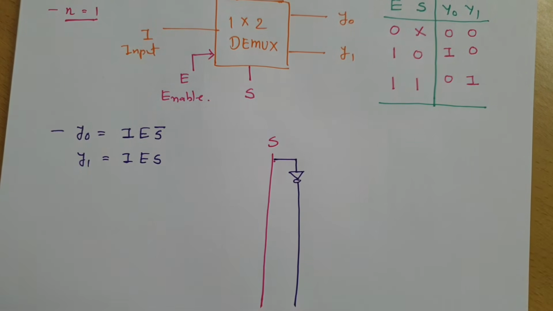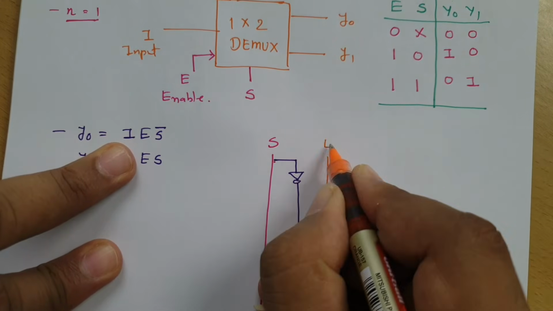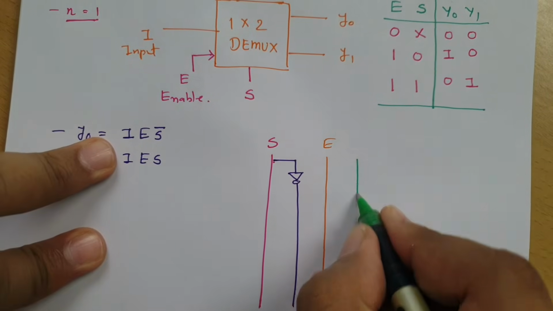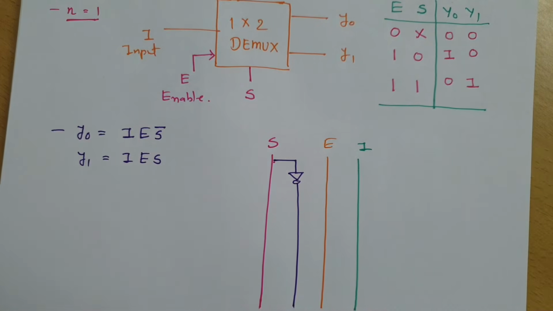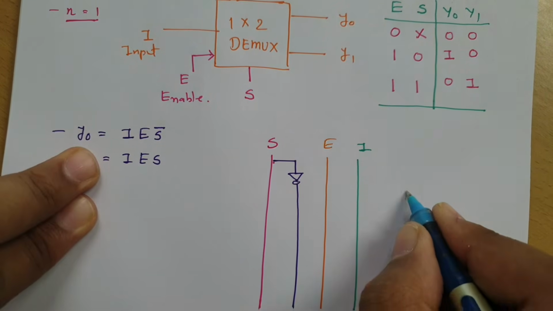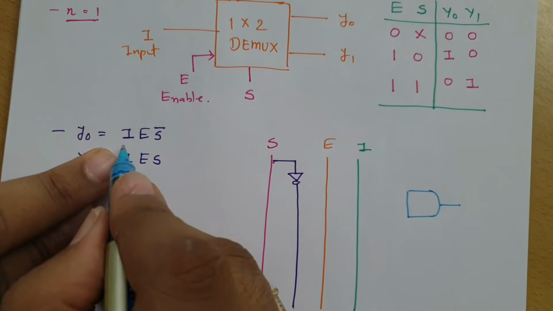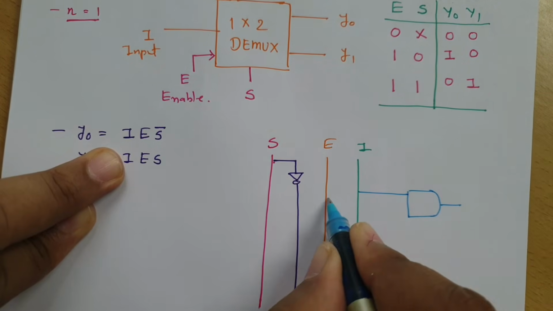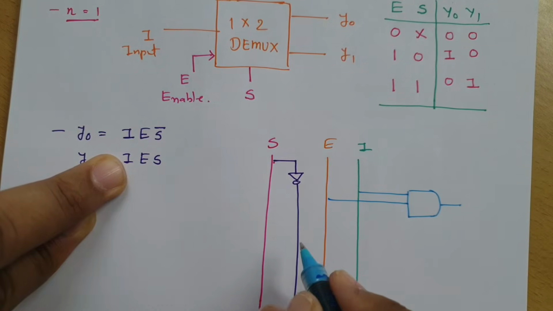Here we have the enable line, that is E, and here we have the input line, let us say I. If you observe y0, it is the AND of input, enable, and complement of selection.